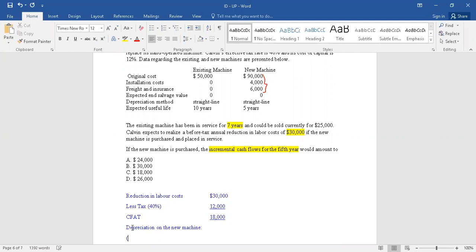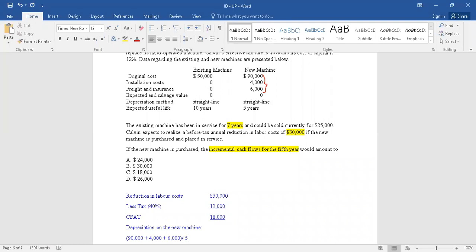So we would have the original cost as 90,000 plus the installation charges of 4,000, plus we have freight and insurance as 6,000. The entire thing divided by life, which is 5 years.